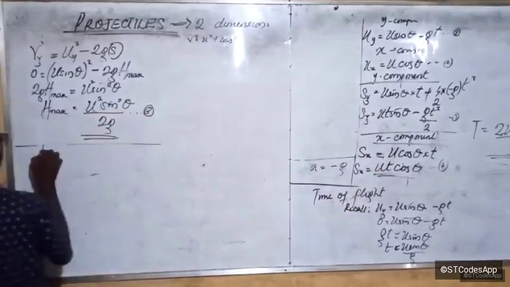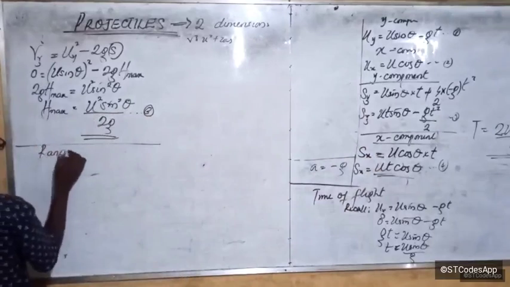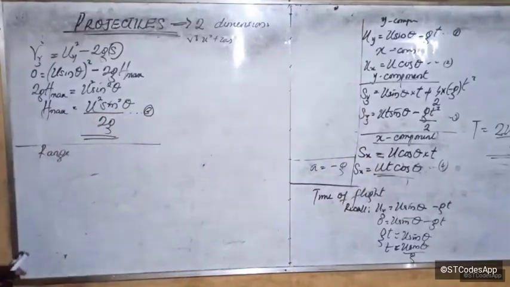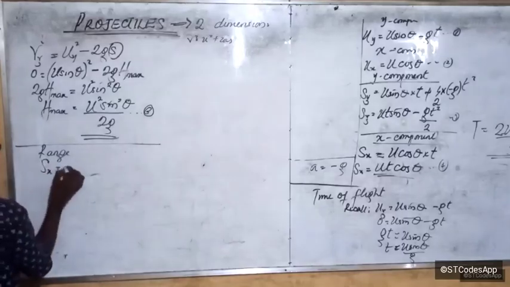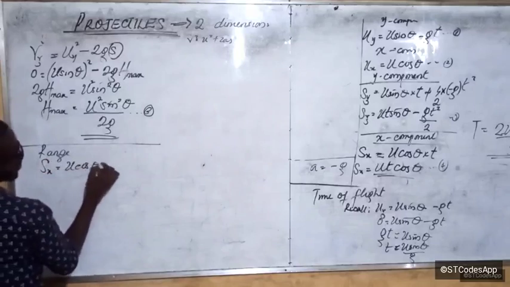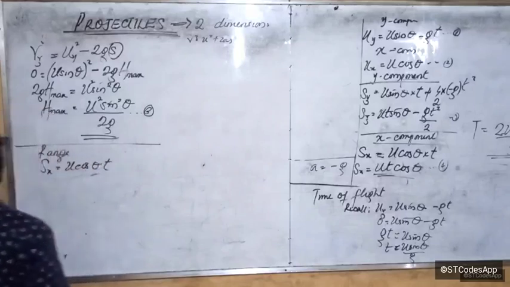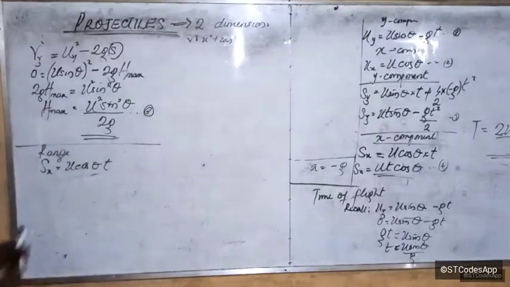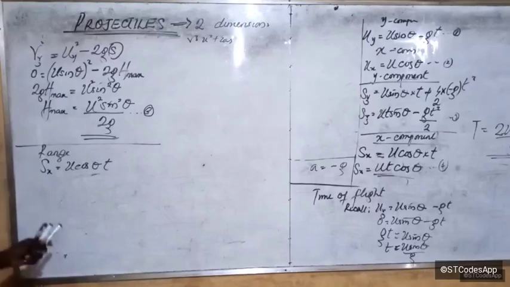So range s sub x is equal to u cos theta t. Alright, so this is the equation we're going to be using. So all we need to do is just substitute.